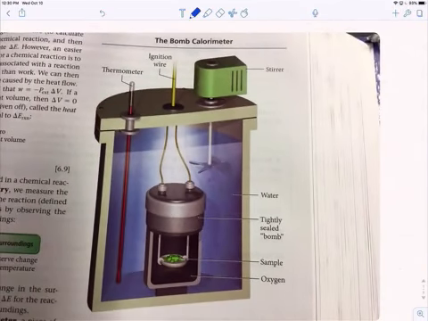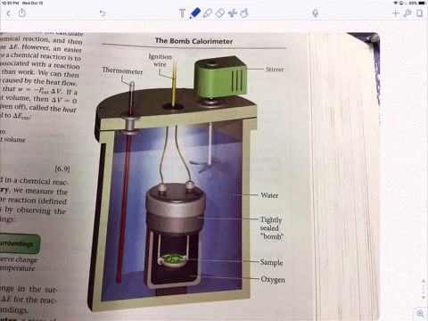Here is a bomb calorimeter. So you have whatever it is you want to study, and you have oxygen in here. There's pure oxygen going in here, and you have an ignition wire, and it burns the stuff in here. It's usually set in water, and this is very heavily insulated.